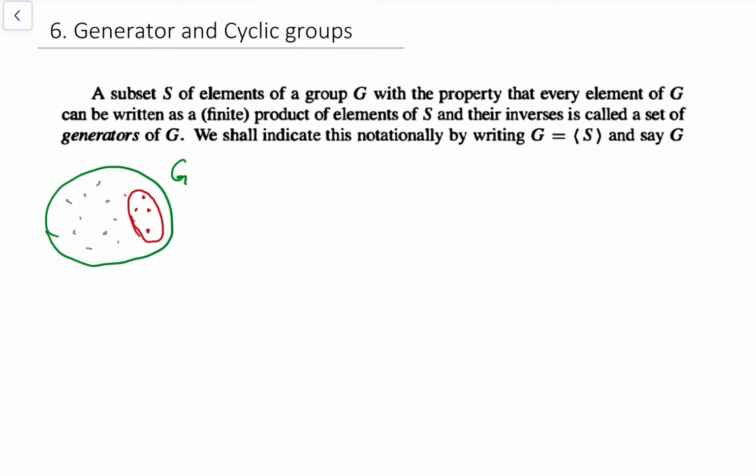And those generators have a special property that for any element in this group G, you can always use the generators or the inverse of the generators to represent this element, which means if you just know the generators, you can just use the generators to construct the entire group G with the operations in the group, and that means the generators contain the entire information of the whole group.